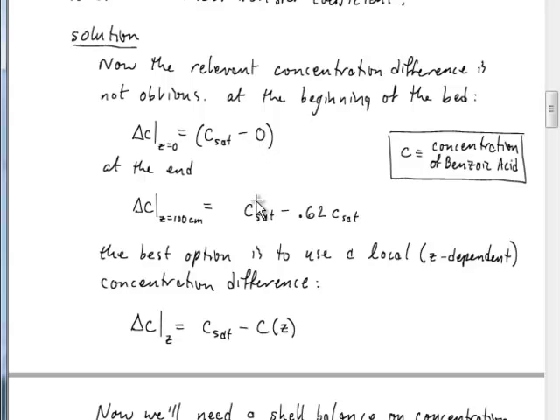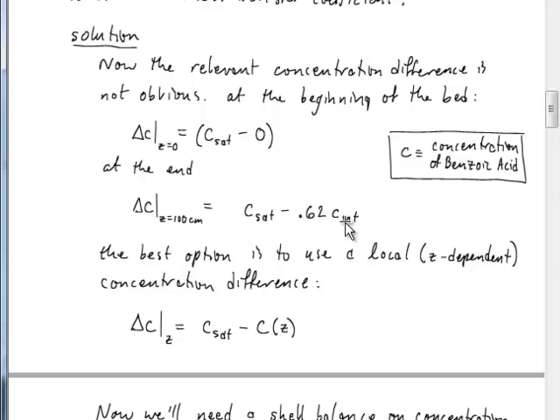At the end of the bed, that concentration difference would be very different. We said it was 62% saturated when it leaves the bed. So now, if I instead defined my mass transfer coefficient to use the concentration difference at the end of the bed, of course I would get a different number because the concentration difference has gotten a lot smaller.